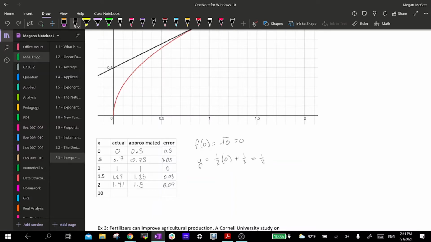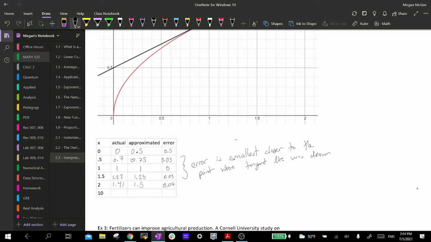So we can see that the error is smallest closer to the point where the tangent line was drawn.